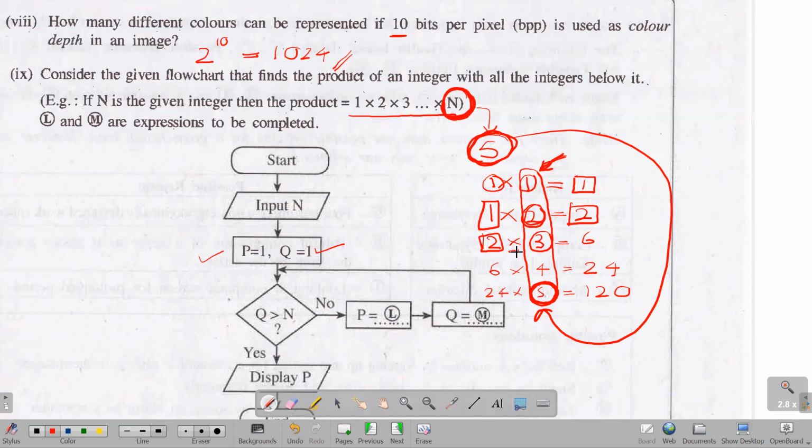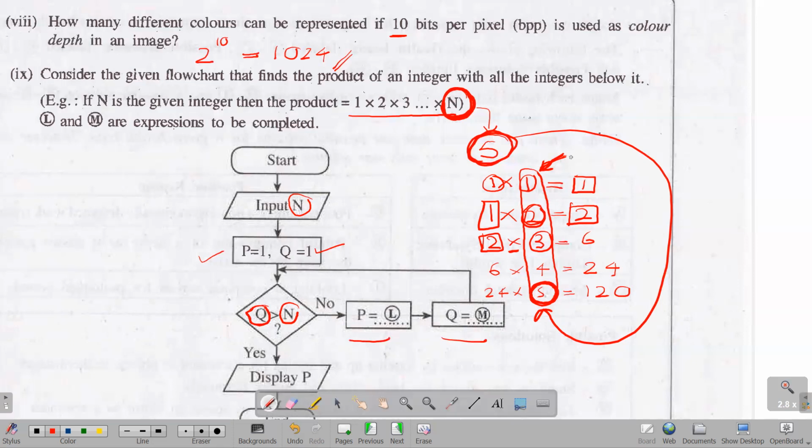Now, since the condition is checking whether Q is larger than N, where N is the value given by the user, Q is always checking whether it is larger than N. If it is not, these things are going to happen.